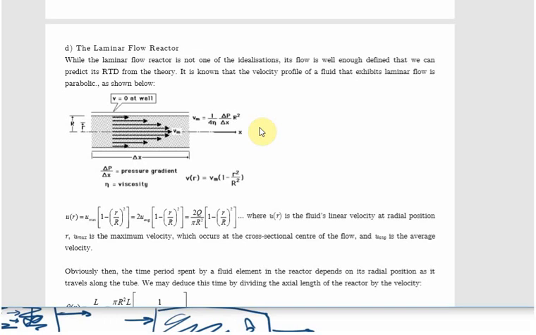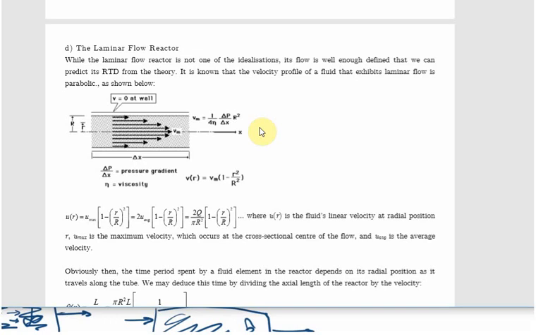Right, there's no slip at the wall, so there's zero velocity there. And then we have a maximum velocity here at the center line, so this is as far away from the wall as you can get. So that's the fastest possible fluid flow. But still, it's not infinite, right? There exists some finite maximum velocity that we define at the center line.